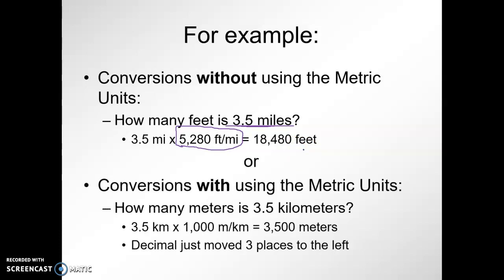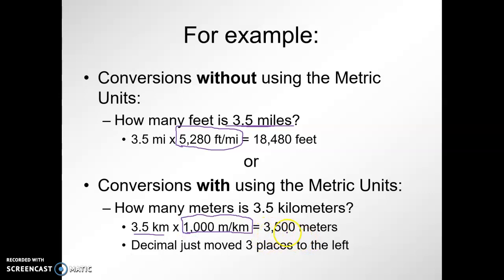However, if you use the metric system, and let's say that now you're solving a different problem. So how many meters is 3.5 kilometers? Meters and kilometers are both metric units. So 3.5 kilometers times 1,000 meters per kilometer, because 1,000 meters goes into 1 kilometer. That's your unit conversion.